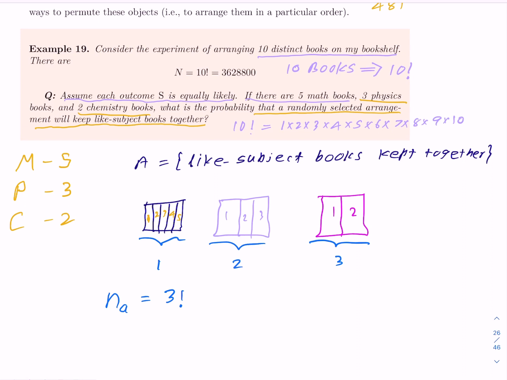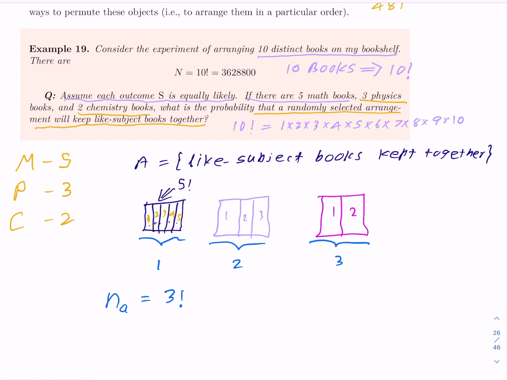Now think about the first bundle: 5 math books. We can rearrange the books within this group in factorial 5 ways, for example 1 2 3 4 5, or 1 3 2 4 5, or 1 3 4 2 5.